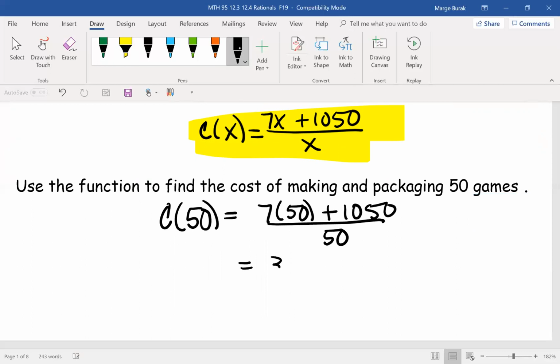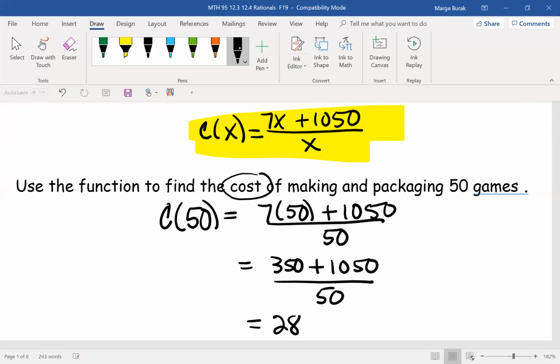And if I simplify that, I will get 350 plus 1050, and 1400 divided by 50 is going to be 28. 28 what? Well, it's the cost of making and packaging 50 games, and that's going to be dollars. Okay, so $28 is the cost.